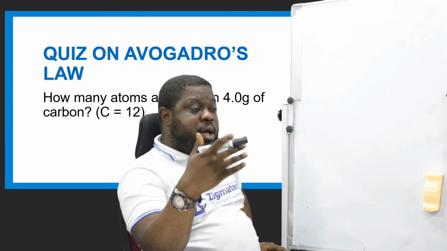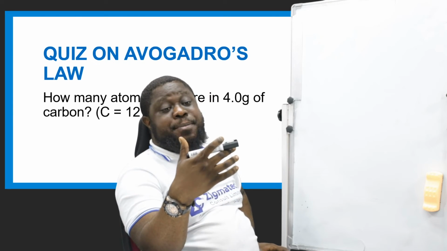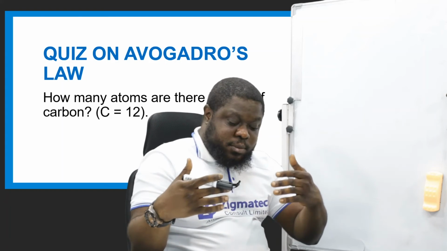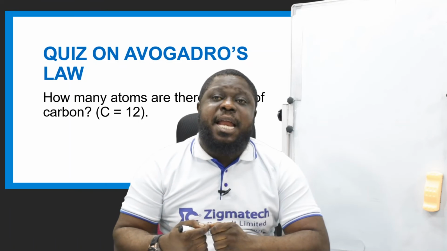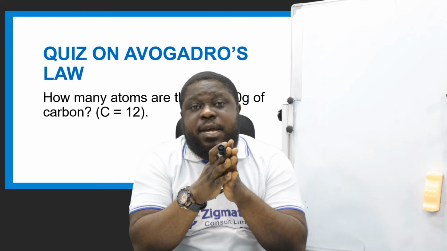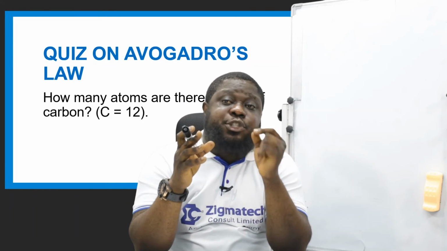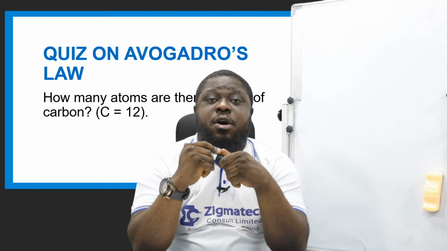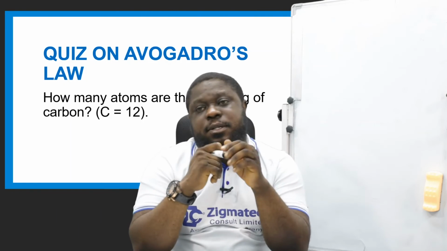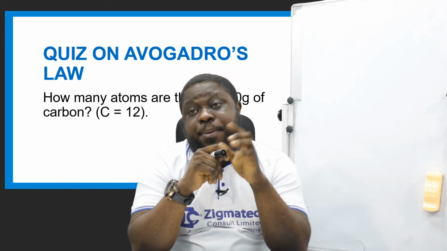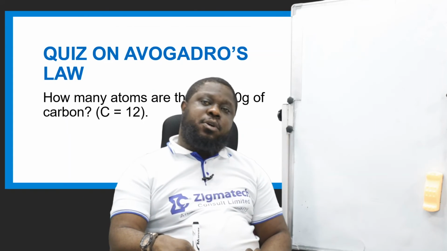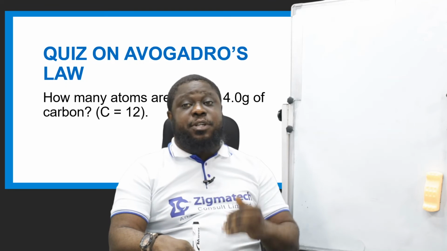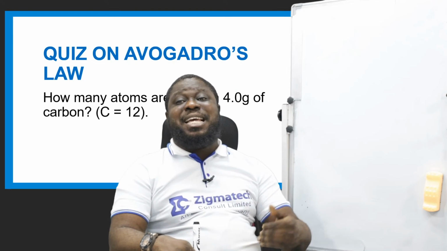But I want to tell you a simple secret. Now, there are 2 ways of solving Charles' law. When you're solving Charles' law, in the temperature, you add 273 Kelvin to the temperature. Every temperature you see, you add 273 Kelvin.